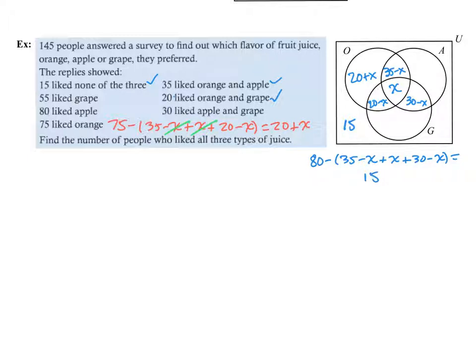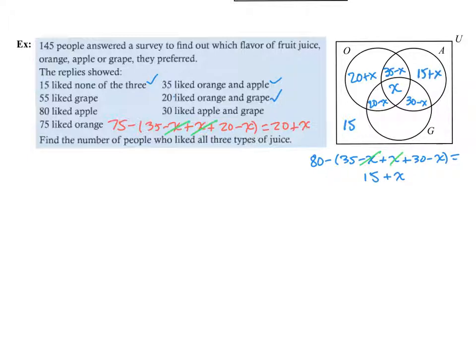And then when we combine our like terms, we can combine a couple of x terms and cancel those. And remember that we're subtracting this negative x, so that's going to be 15 plus x, the expression of people that like apple juice only.